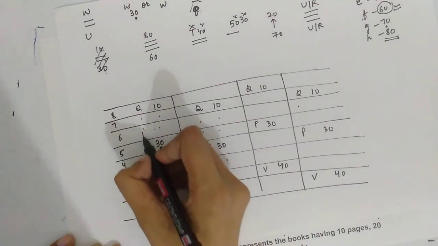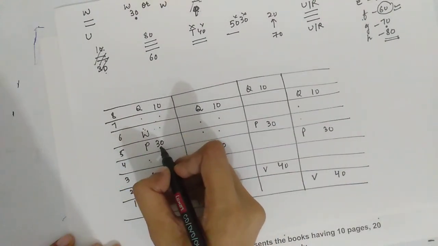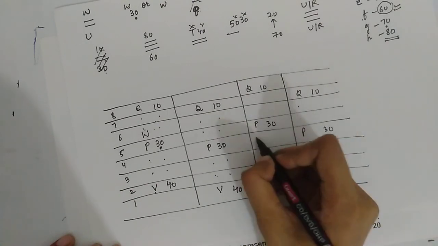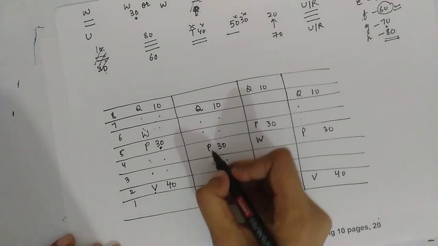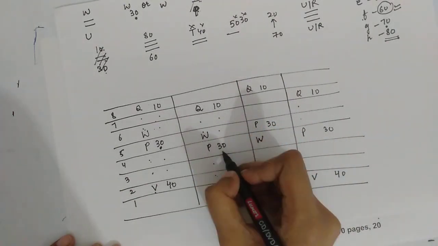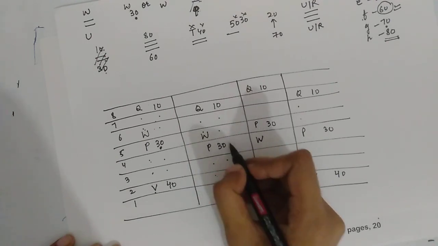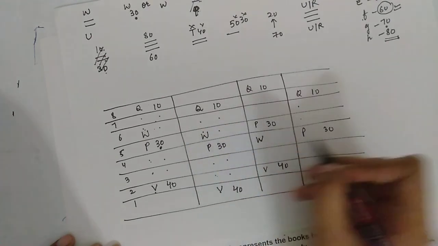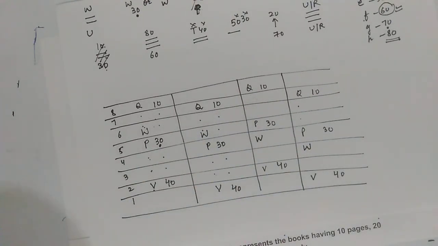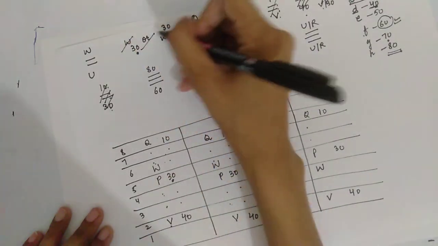Fine. Now W can be either immediately above 30 or immediately below 30. Fine. So this is done.